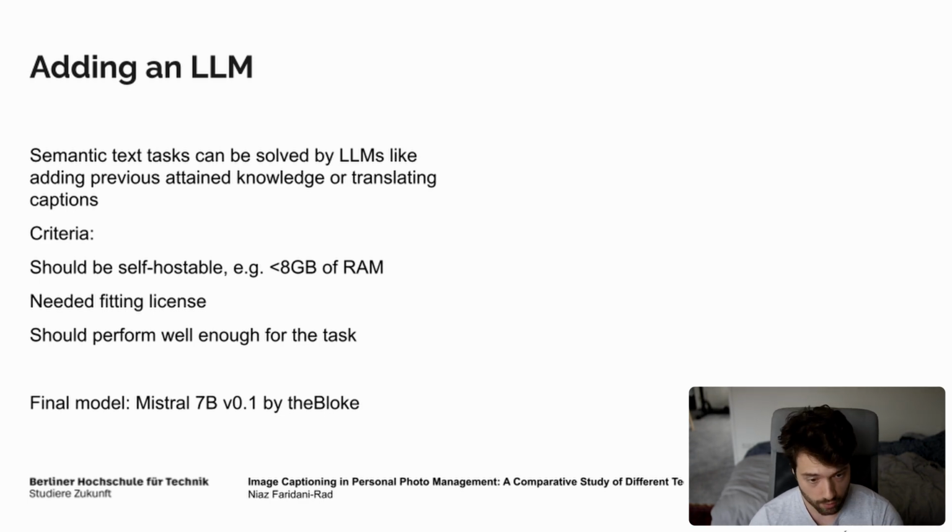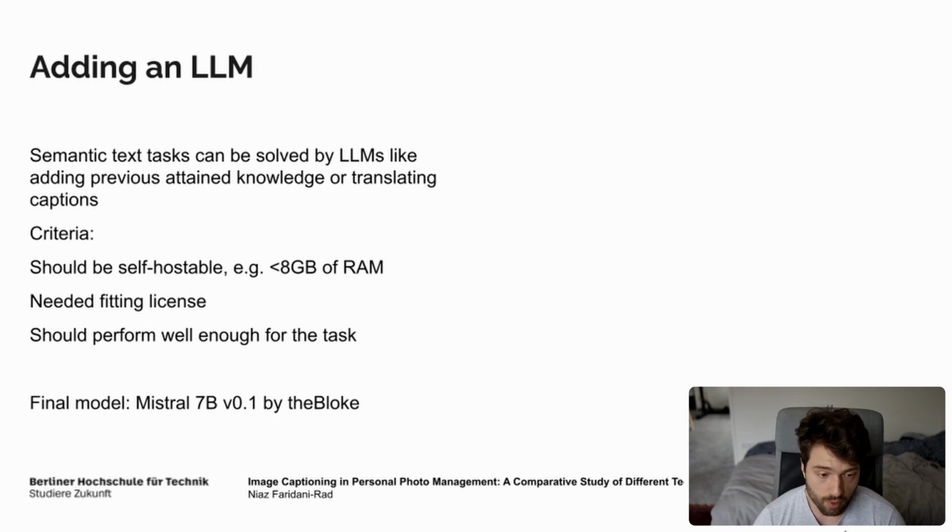The criteria obviously still should be self-hostable, so less than 8 GB of RAM, which is difficult. So I have to use a quantized model, because every 8B model usually takes too much RAM. It needs to have a fitting license. We are MIT licensed, so no Llama license, only Apache license or MIT license is possible.